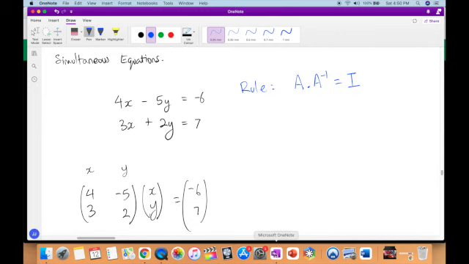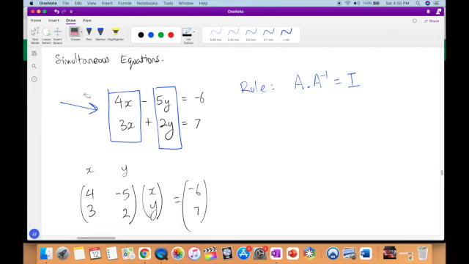You could see that I have my two simultaneous equations here. Very important: look, I put the x's together and I put the y's together. Please make a note of that. Your x's should be together there and your y's should be.